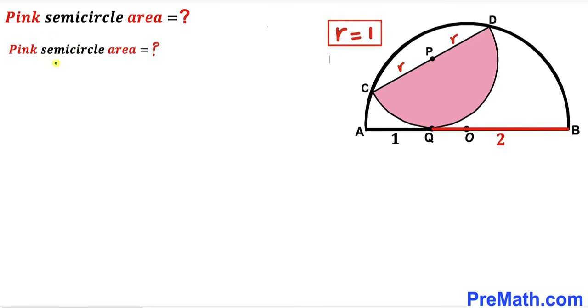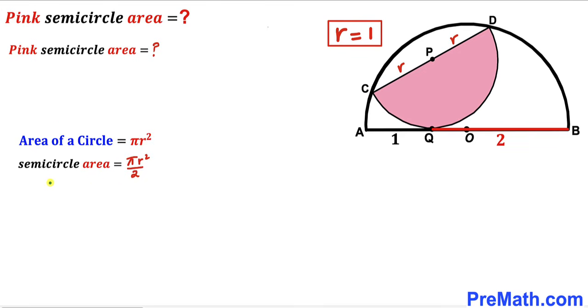And here's our final step. Let's go ahead and calculate the area of this pink shaded semicircle. And now let's recall the area of a circle formula: area equal to pi r square, where lowercase r is the radius. And since we are dealing with the semicircle, so the semicircle area is going to be this pi r square, and we are going to divide it by 2.